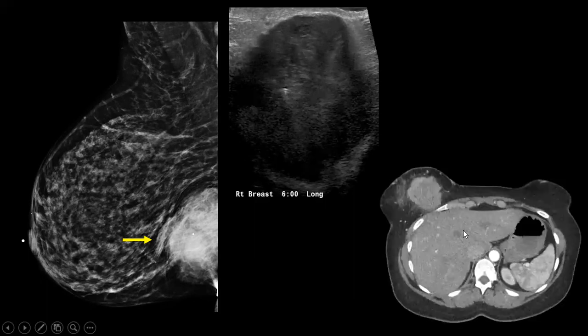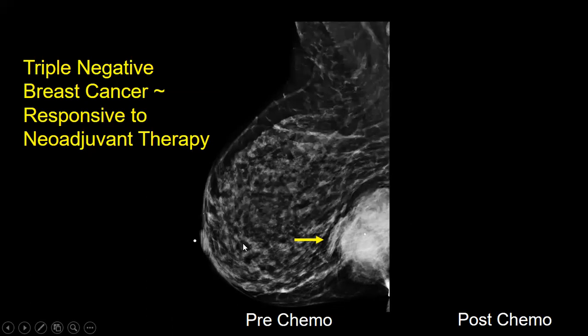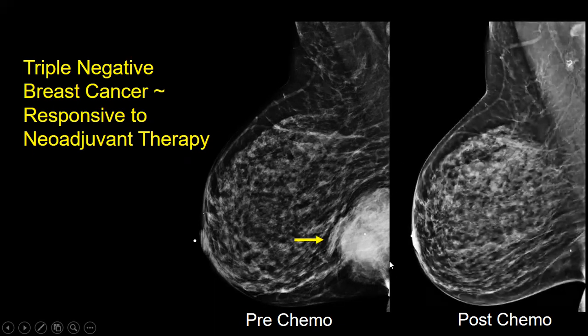And just to show you the complete story, this is the CT showing you this locally advanced large breast cancer involving the right breast. Now, this is a triple negative breast cancer, and it is responsive to neoadjuvant therapy. Again, reminding us this large mass before chemo, and after chemo, with near complete resolution, only the biopsy clip remaining. Okay, so this is a very, very good response inside the breast.